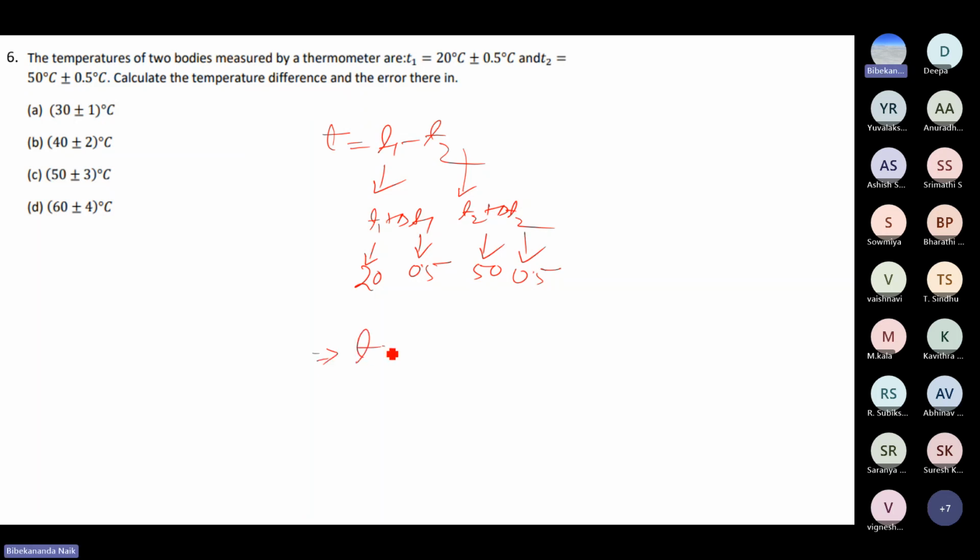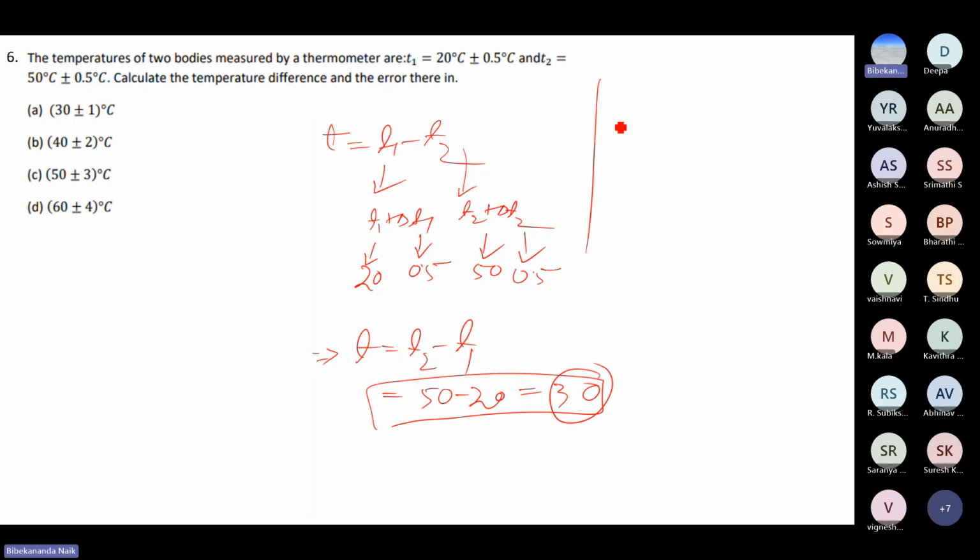Then the best estimated or true value of T will be 50 minus 20, 30. This is T, but since the errors are always added, delta T will be delta T1 plus delta T2. It will be 0.5 plus 0.5, which is 1.